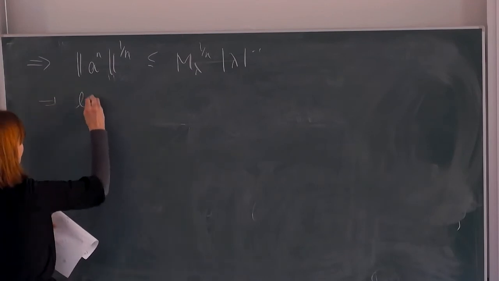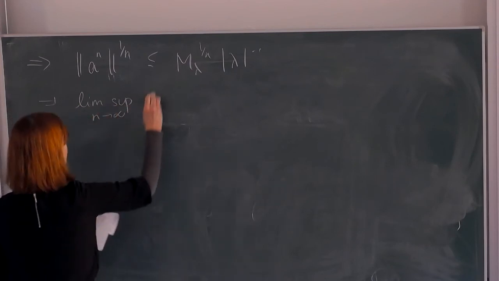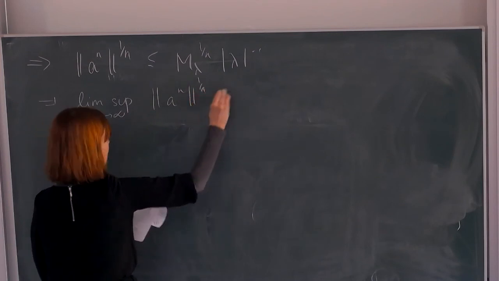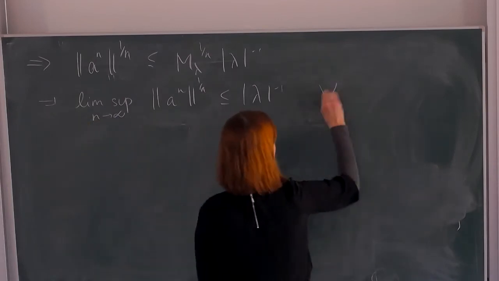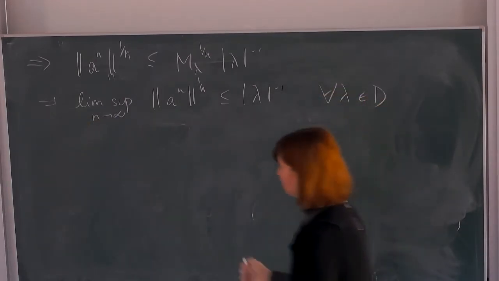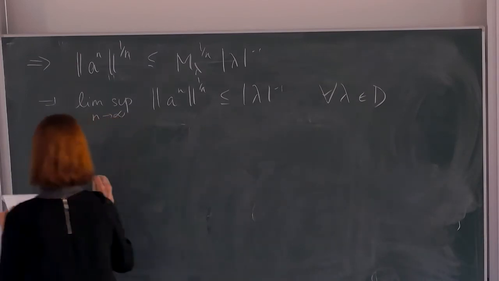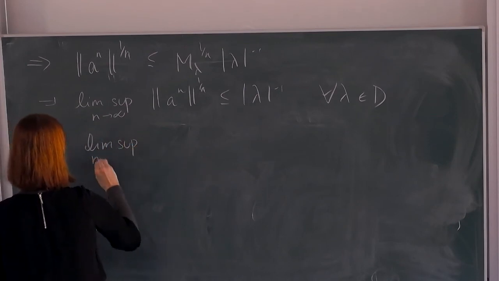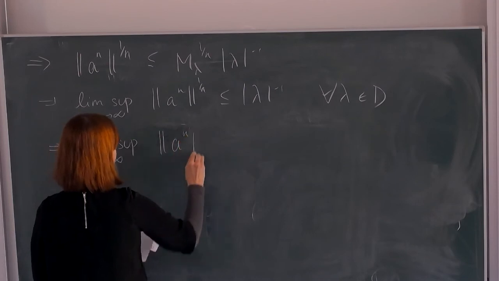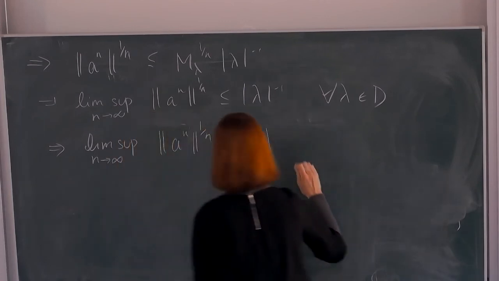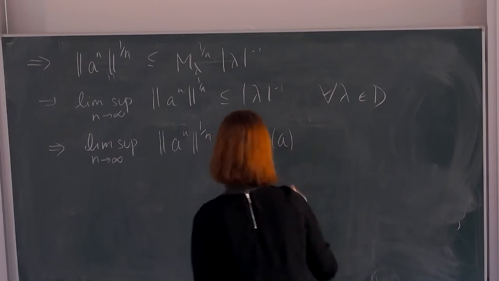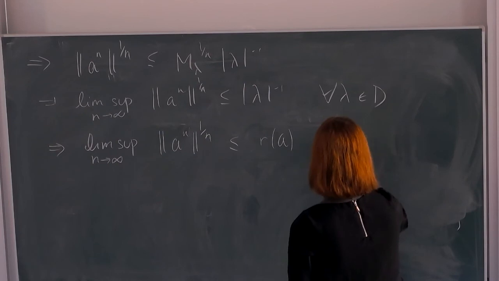So our lim sup is at most lambda inverse, and that's for every lambda in D. Which implies the result for our spectral radius. Which is what we wanted.